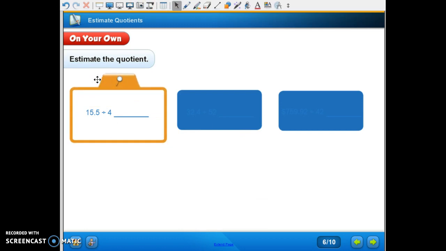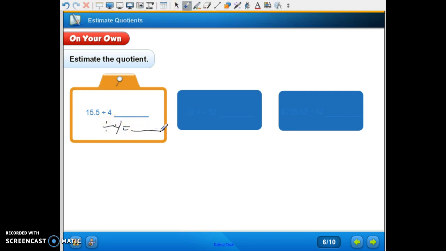Turn on over to page 211. This is number 6 on that page. We're going to divide by 4. So 15 and 5/10 divided by 4. We're not going to change this divisor, so we're going to leave our divisor at 4.